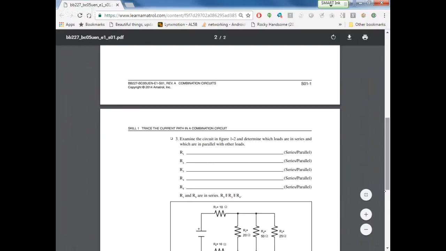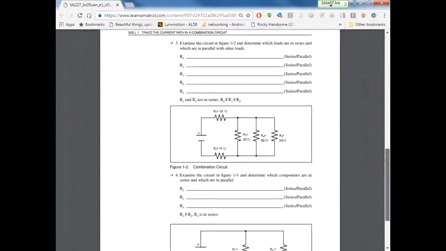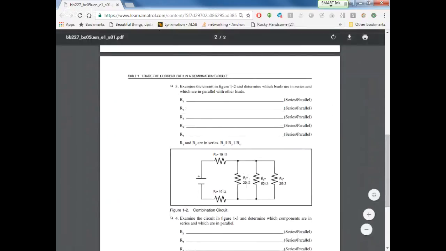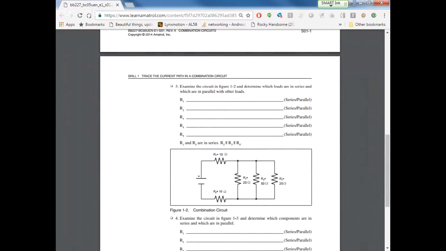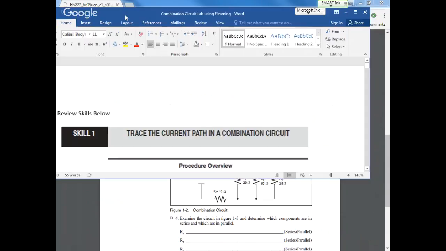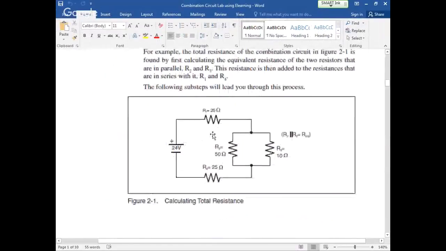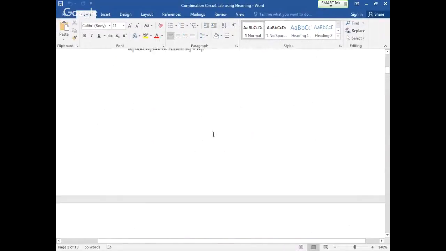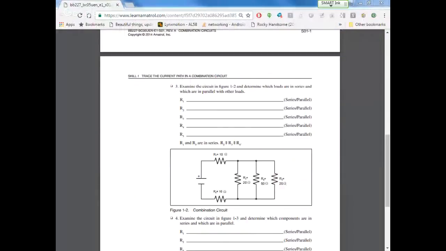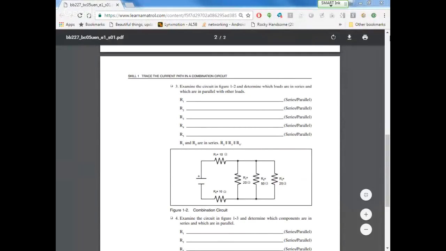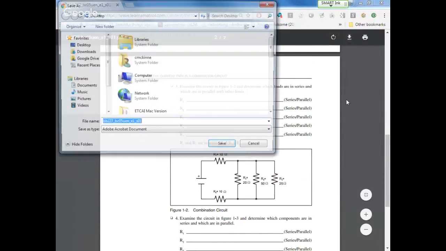Here's another example down here. And I think here's your skill. I can draw on this one. Just download that one.